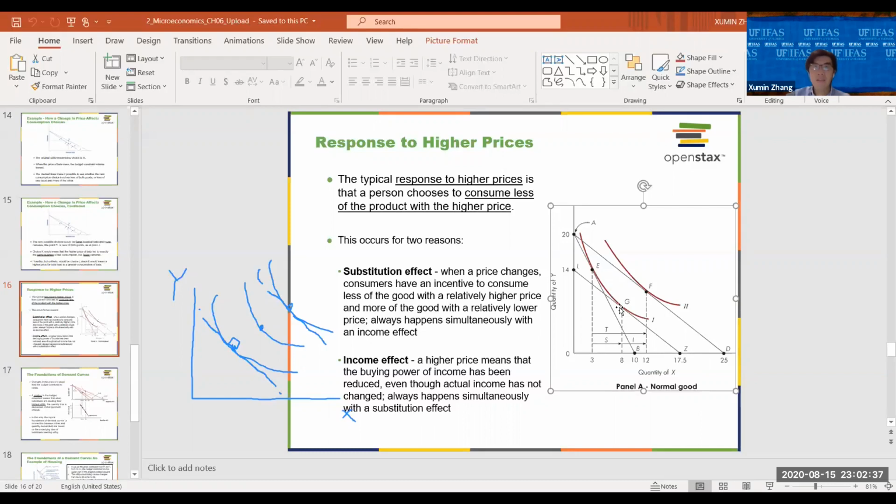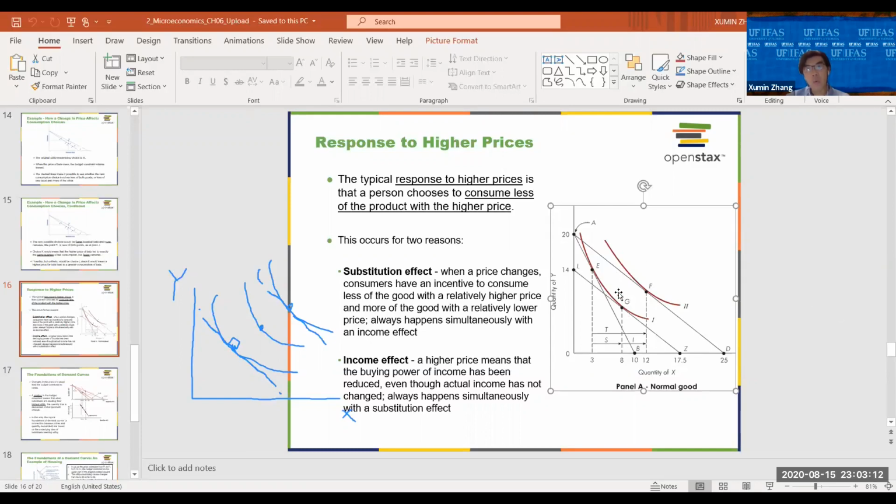And then that's the substitution effect. Why? Because the price changed, equal marginal utility per dollar does not hold anymore, right? So in order to restore it, I have to consume more of the camera and fewer baseball bats, to make sure the bang per buck is equal between those two goods.